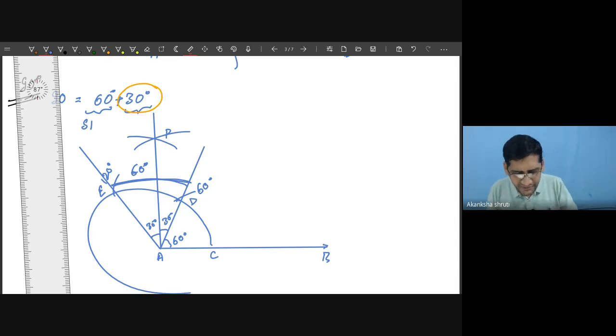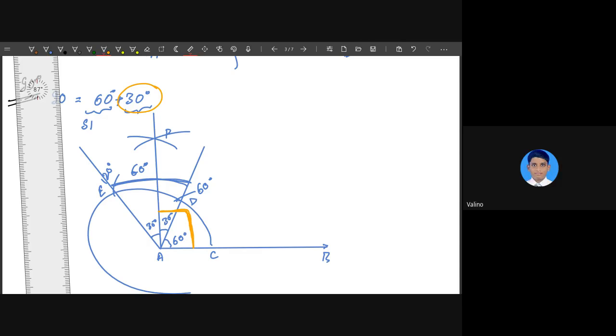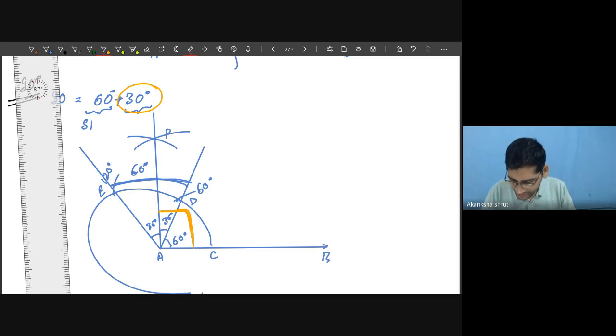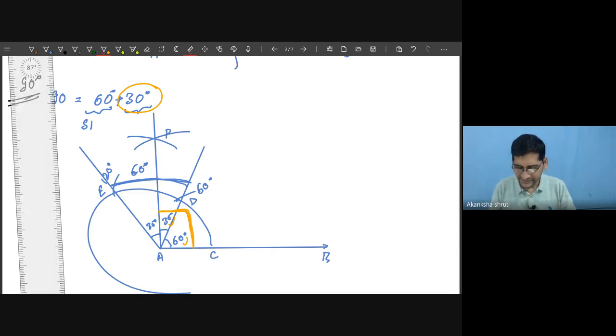Now if we consider from the horizontal line to this vertical line, this angle becomes a right angle, 90 degree. So how much is this angle? This 60 plus 30. So angle BAP equals 60 plus 30, which is our 90.